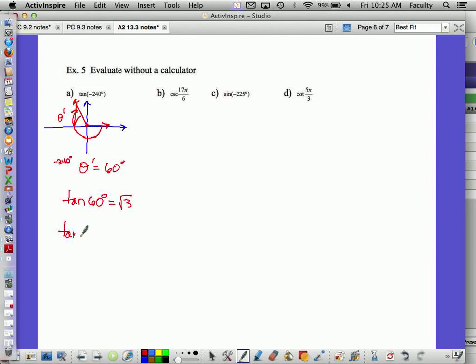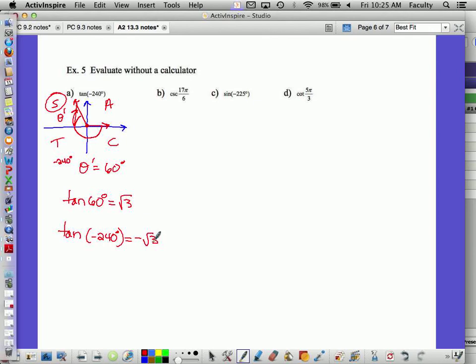Then, step 3, I actually want to find the tangent of negative 240 degrees. In order to do that, all I do is all students take calculus. The terminal side of the angle is in the second quadrant. Sine is positive there, but tangent's negative. So my answer is negative radical 3.